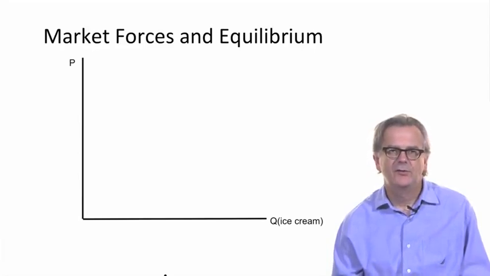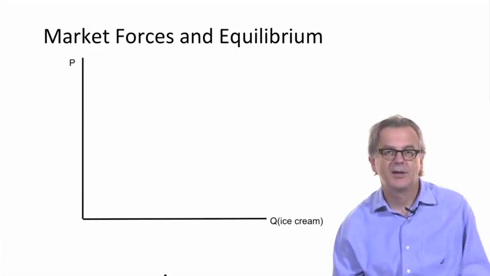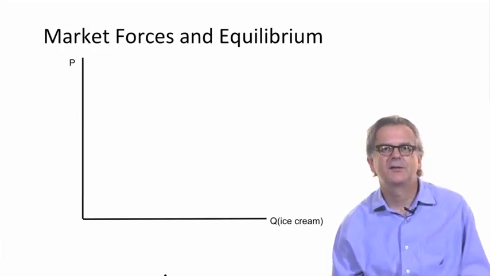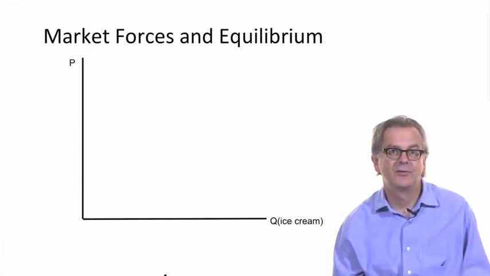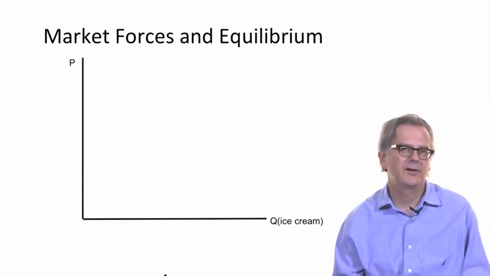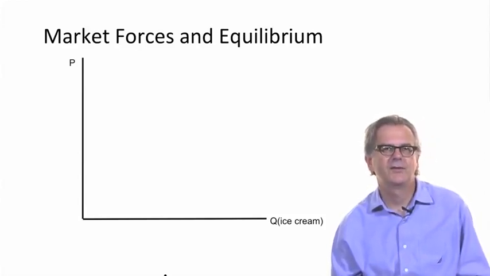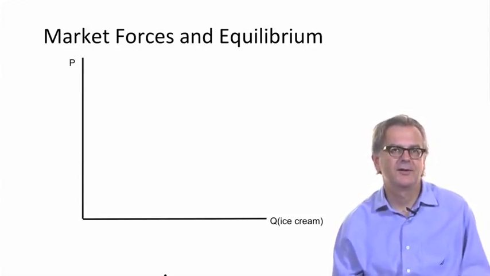I want to introduce you to a very standard piece of microeconomic analysis, demand and supply analysis. If you have done any economics in the past, you'll find this very familiar. And even if you haven't, I think these concepts are relatively easy to grasp.